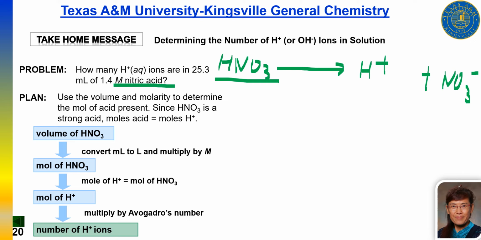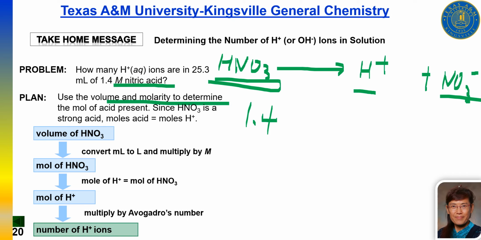In this case, you are going to determine the molarity. If I have my nitric acid, initially 1.4 mole per liter, how many moles per liter of your proton you have, and similarly how many moles of your nitrate. This chemical reaction occurs by 100% dissociation because your nitric acid is a strong acid.